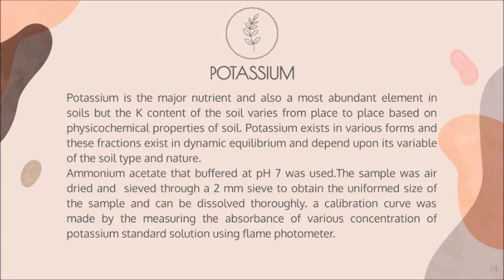So in this particular case, we are going to measure the content of exchangeable potassium in the soil sample. Ammonium acetate, buffered at pH 7, was used to analyze the potassium content in the soil.